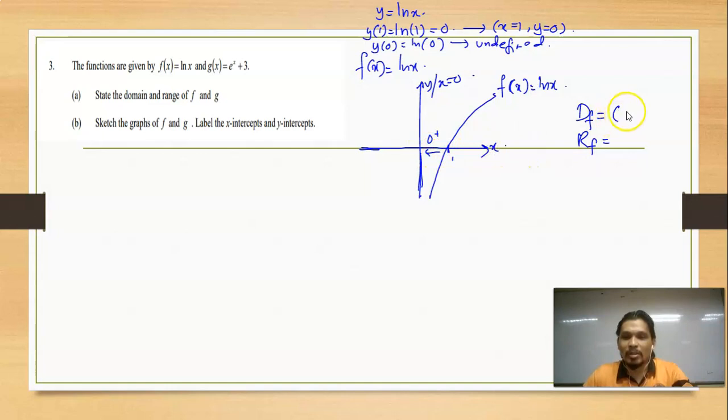So the domain is from 0 to positive infinity. What about the range? If we project every single coordinate or point on this graph onto the y-axis, we can see all the values of y being mapped by the function. So the range is all real numbers.